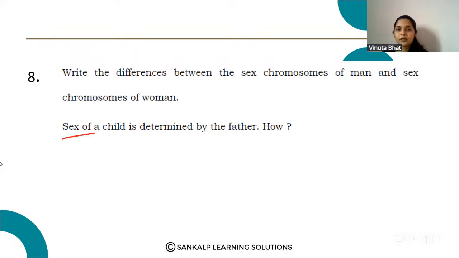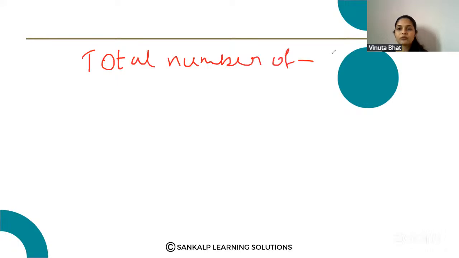Then, sex of a child is determined by the father. How? In human beings, the total number of chromosomes is 46, which means 23 pairs.